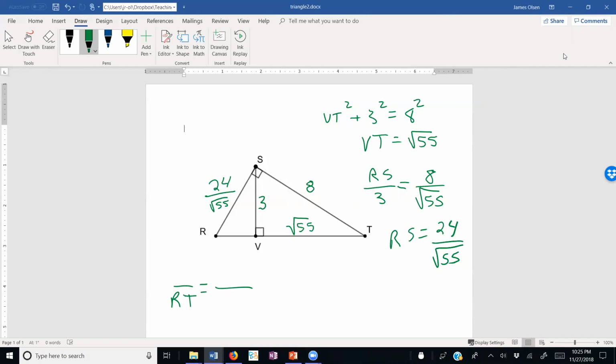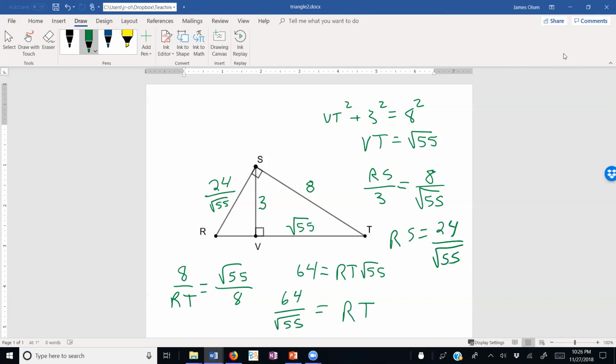And if I do 8 over RT, 8 over RT is in the large triangle. That's long leg over hypotenuse. In the right-hand triangle, long leg over hypotenuse would be root 55 over 8. And then if I cross multiply, I get 64 equals RT times root 55, and divide by root 55, and we get RT equals 64 over root 55.